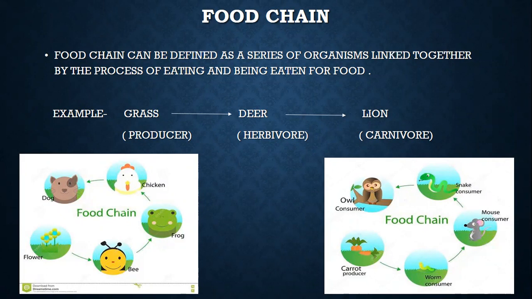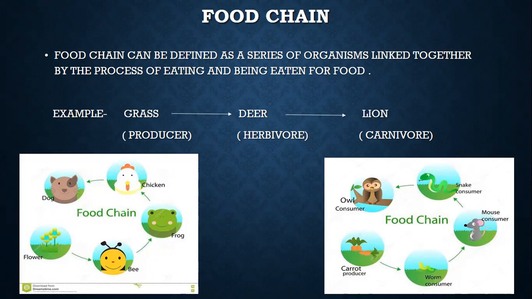So a food chain can be defined as a series of organisms linked together by the process of eating and being eaten for food. For example, grass, which is a producer, is eaten by the deer, which is a herbivore. And then this herbivore is eaten by a lion, which is a carnivore.